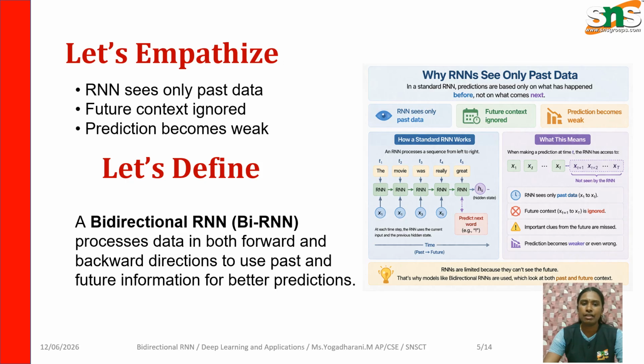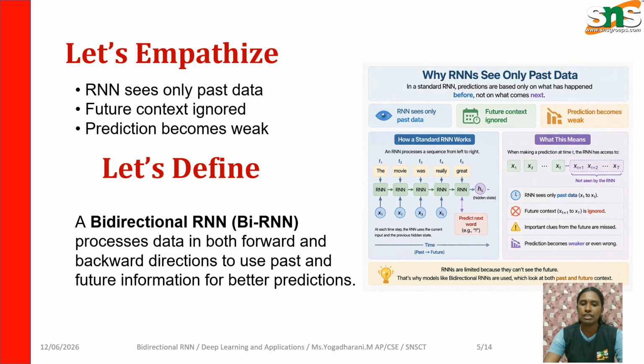Here is the definition: a bidirectional RNN processes data in both forward and backward directions simultaneously. This allows the model to use past context and future context for making better predictions. The problem with traditional RNNs is that they use only past data. Future context is not considered.